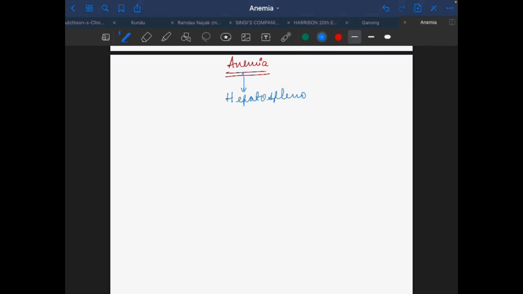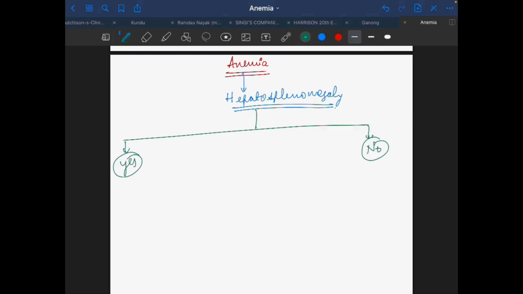hepatosplenomegaly in the child. Okay, that is, the hepatosplenomegaly is present or absent. If hepatosplenomegaly is absent, then we have to look for petechiae in the child.